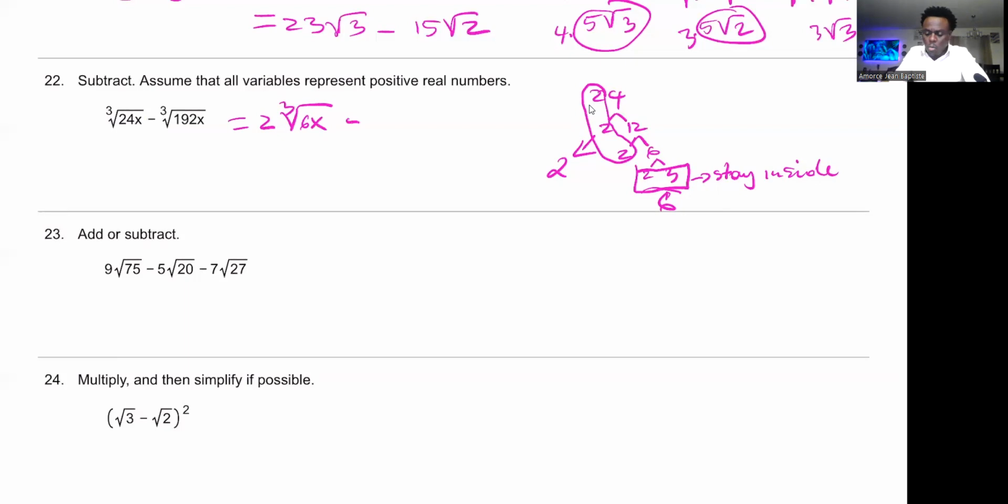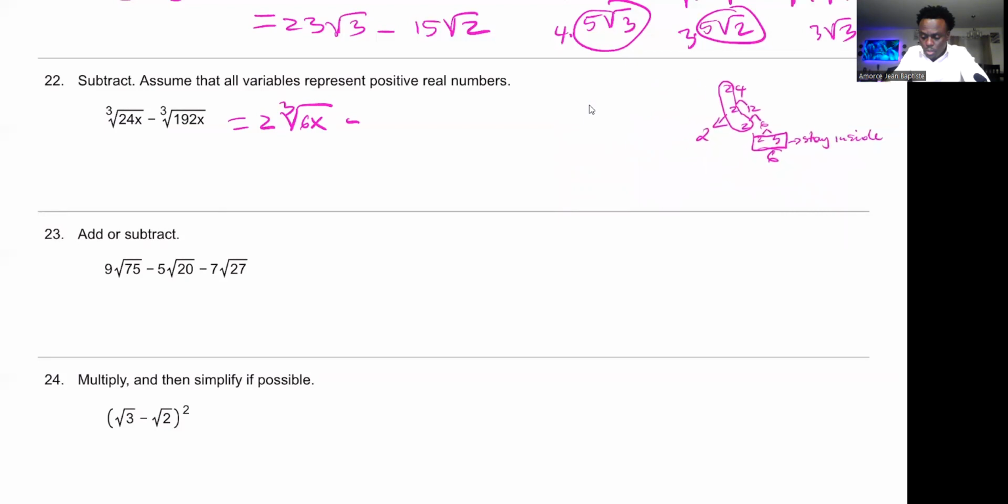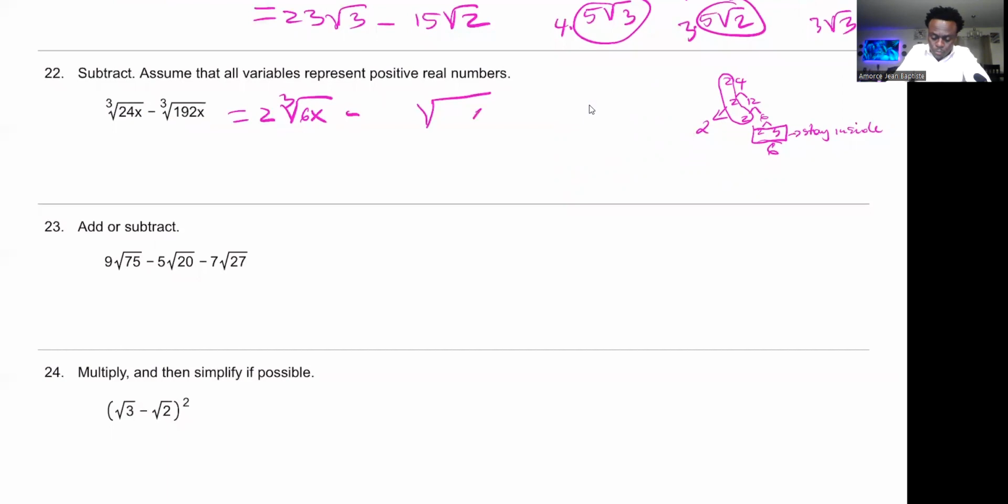Minus, we're going to work with the second term, second radical. We know x is going to stay inside. That's for sure, because the power of x is smaller than the index 3.